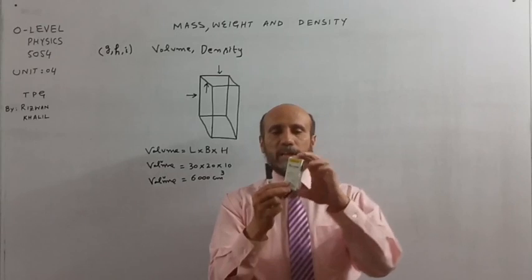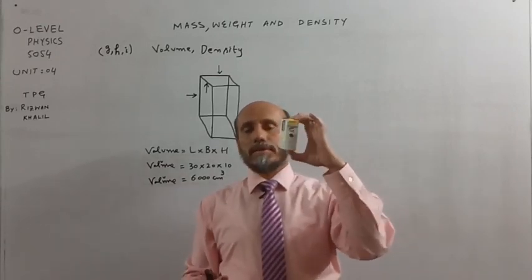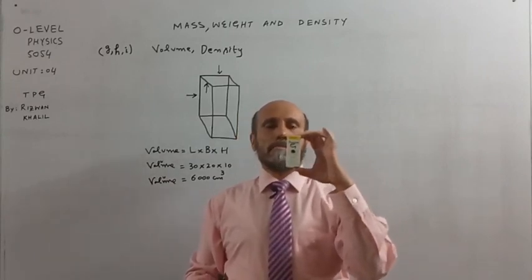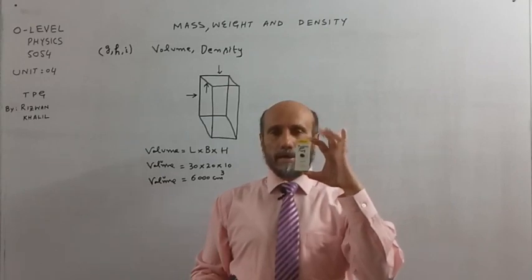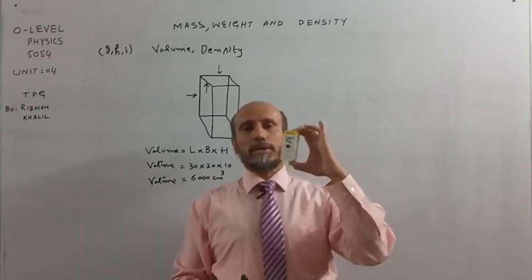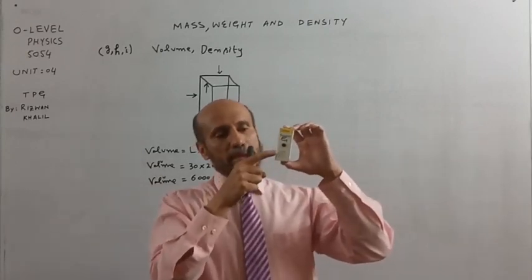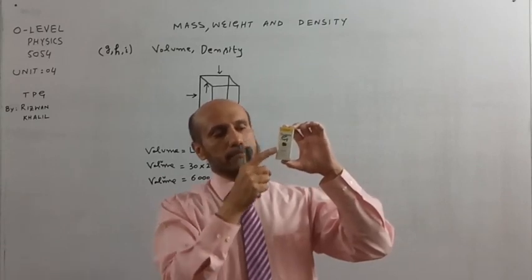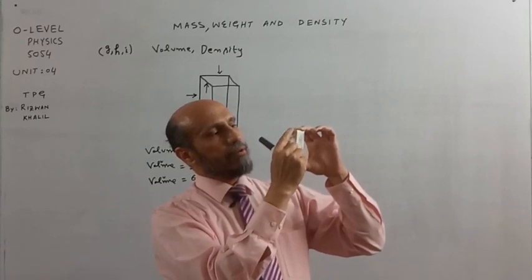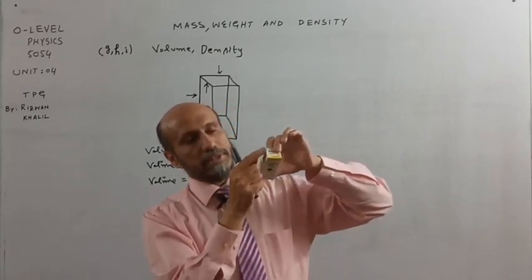Let's suppose I have this container of ink for the marker. Now I have to calculate its volume. So what I will do, by using a scale, I will measure its length, then this side, and then this side.